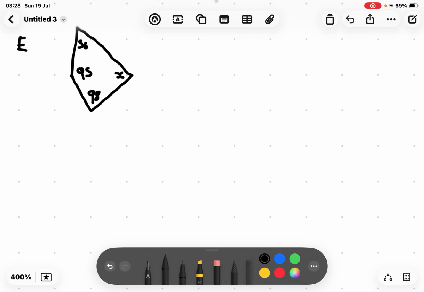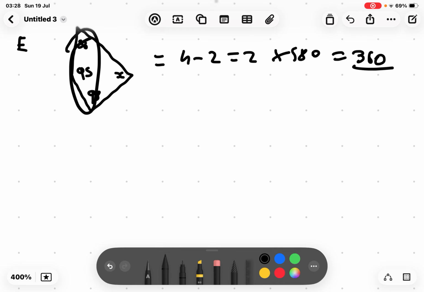All of these numbers equal 4 take away 2, which is 2, and then that's times 180, so 360. So we are able to count these three and take away from this to find x, and from that we know that x will equal 111.